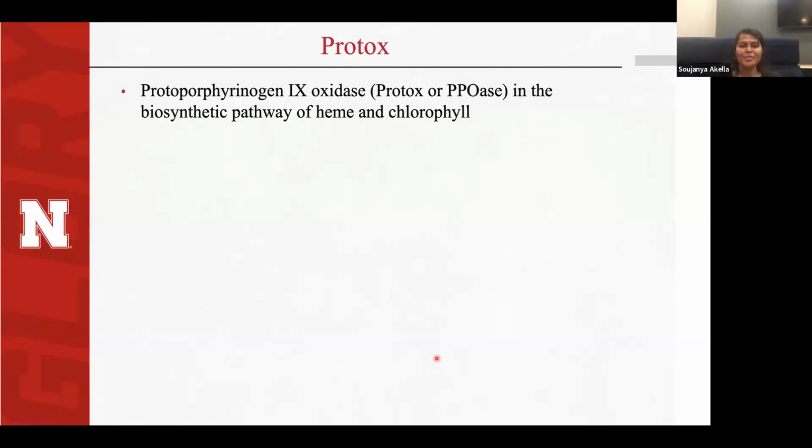All right. So ProTox, I'm going to give a brief introduction to what ProTox is, and I'll explain how it comes into play. ProTox is an enzyme that plays an important role in the biosynthesis of heme and chlorophyll.